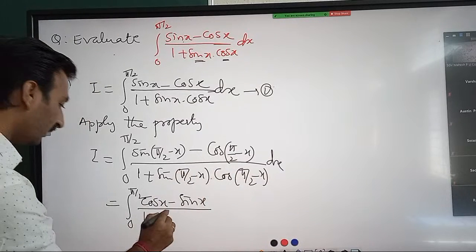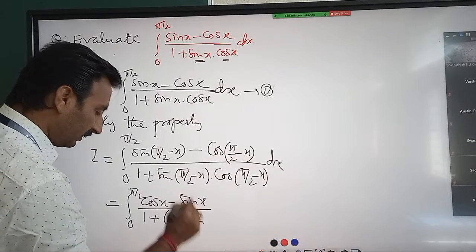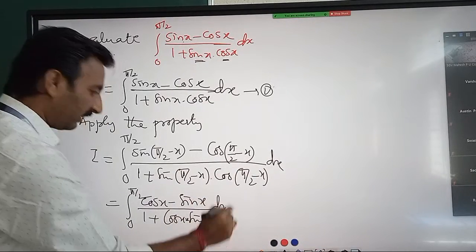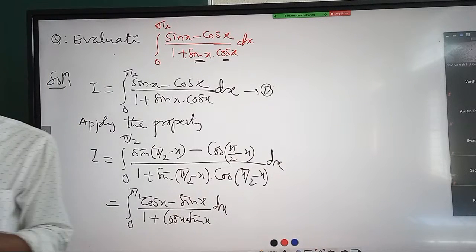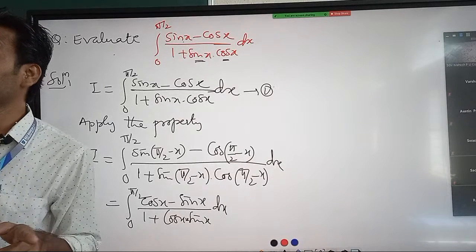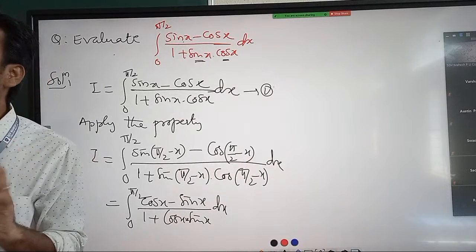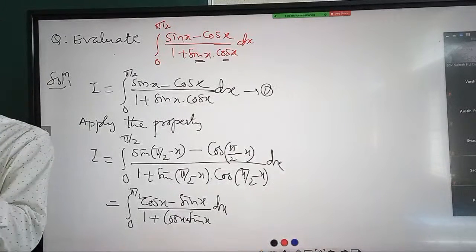No problem if I write cos into sin, because in real numbers multiplication of two real numbers is commutative, a into b is the same as b into a, whereas for matrices the multiplication is not commutative, a into b is not the same as b into a. Remember that, okay?